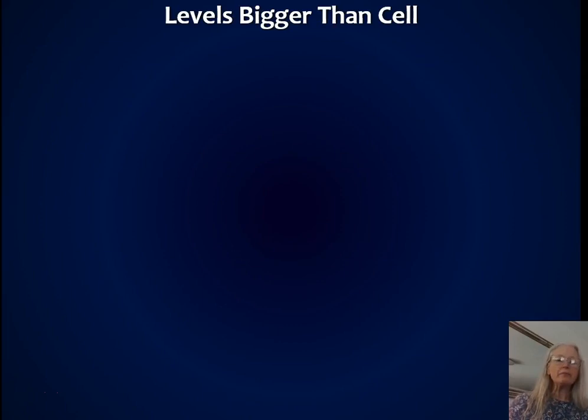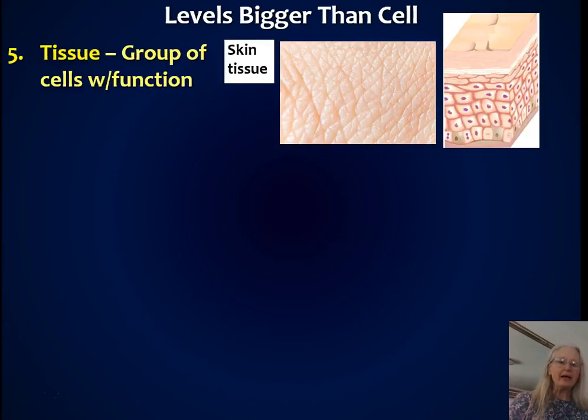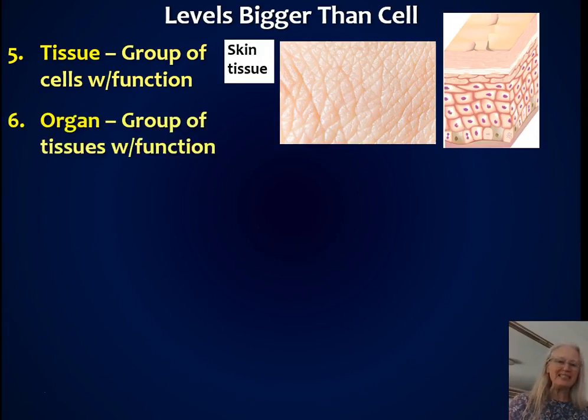Okay, so levels bigger than the cell. A tissue is a group of cells with a certain function. There's skin tissue, for example. You also have muscle tissue, group of cells. The next level up is the organs. So don't get organ confused with organelle.